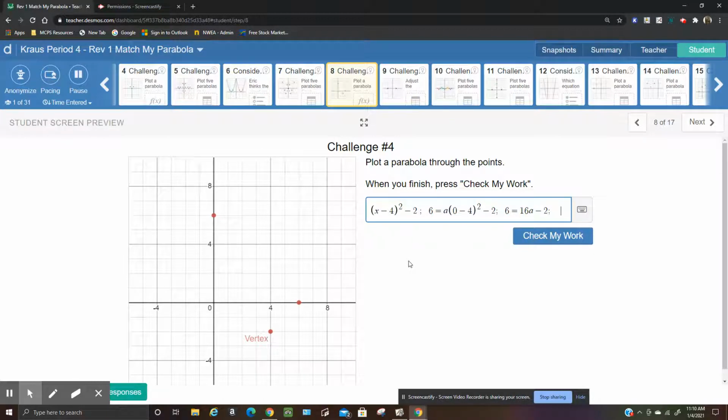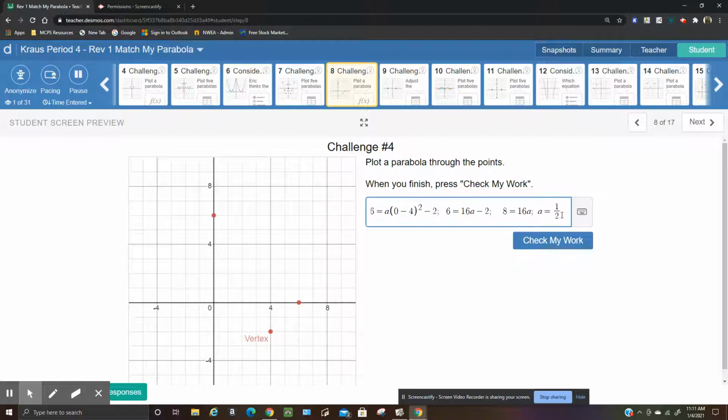And then 8 equals 16A. And A is 1/2. So algebraically, I get the same answer. Unfortunately, I can't leave all this work here and then check my answer. So right here, 1/2.